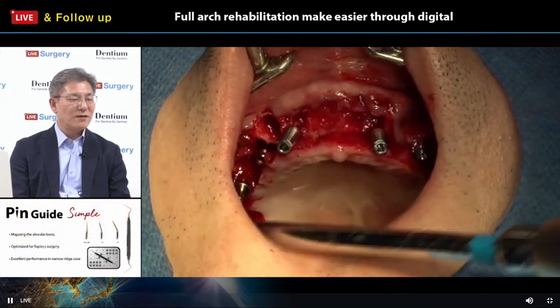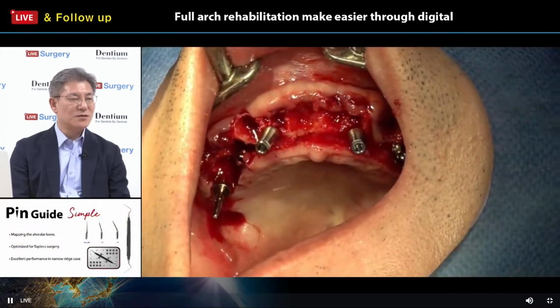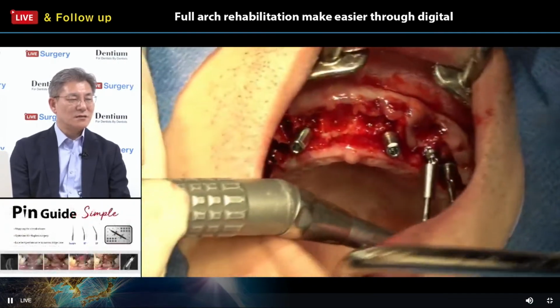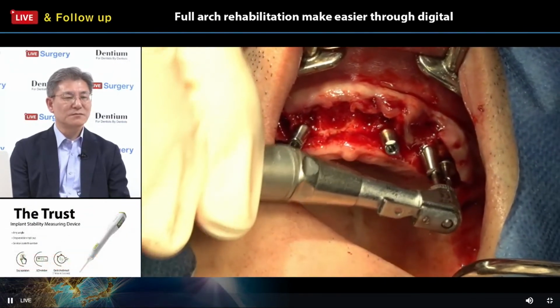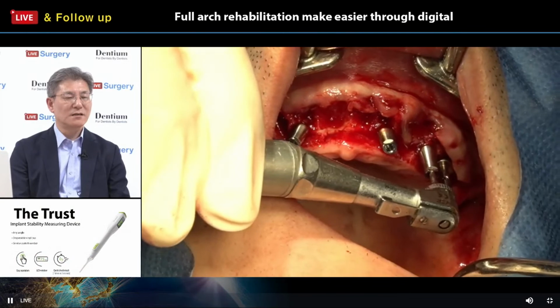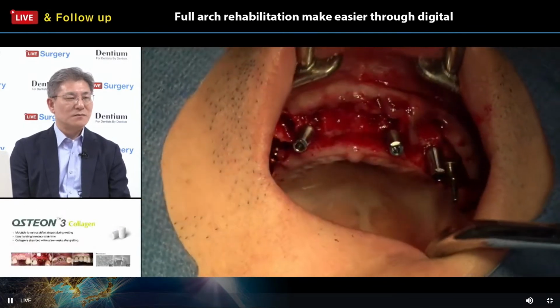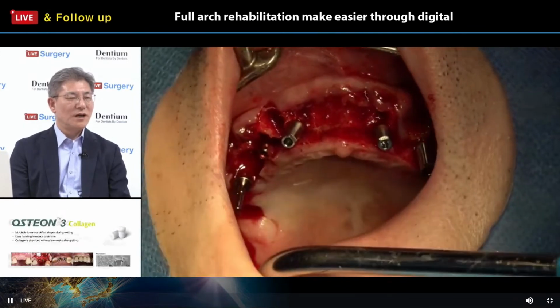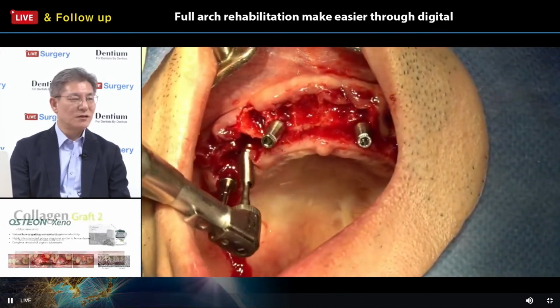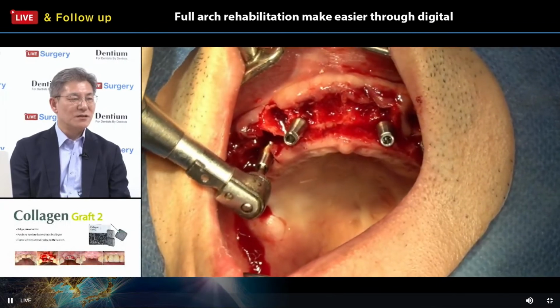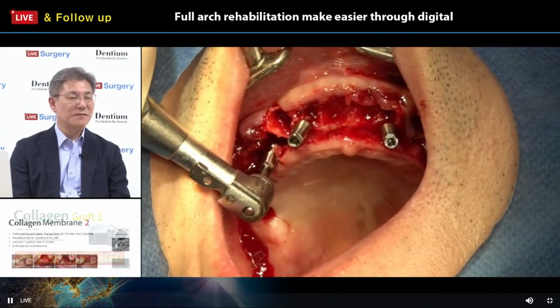So maybe he wants a simplified sinus procedure like a bicortical fixation or a crestal approach, using a crestal drill as expected. So we are able to learn how to use this crestal drill when you have a crestal approach or bicortical fixation.